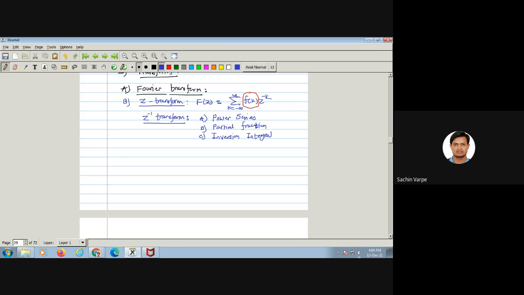Yes, inversion integral method. So in inversion integral method, we have used the residue theorem. Just now we have discussed Cauchy residue theorem to get the required inverse Z transform.